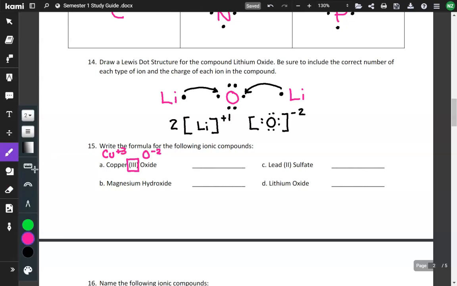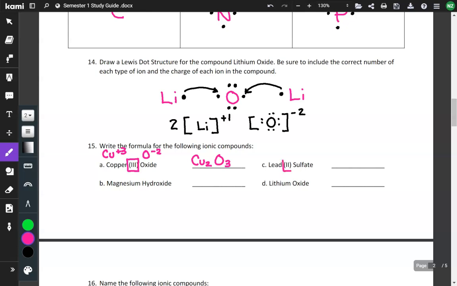So I want to make sure my charges cancel out. If I put 3 and 2 together, they don't cancel each other out. So I'm going to need 2 coppers and 3 oxygens. 2 coppers times +3 is +6. 3 oxygens times -2 is -6. They cancel each other out.